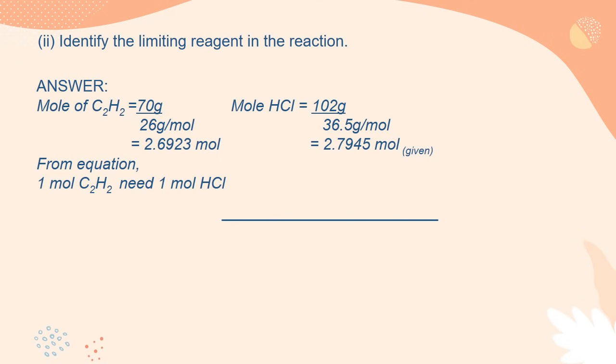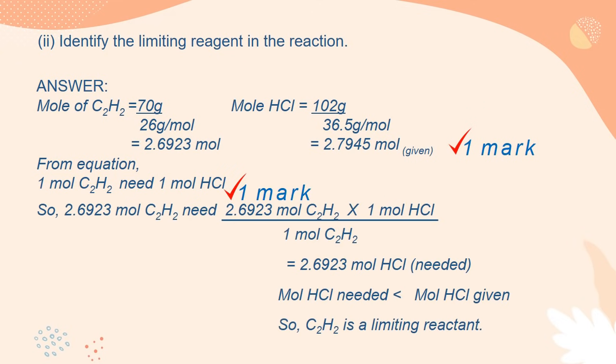Okay, so now we will compare given mole with equation. So from equation, we have 1 mole ethane gas need to react with 1 mole of HCl. So if you have 2.6923 mole of ethane gas, mean we also need 2.6923 mole of HCl.